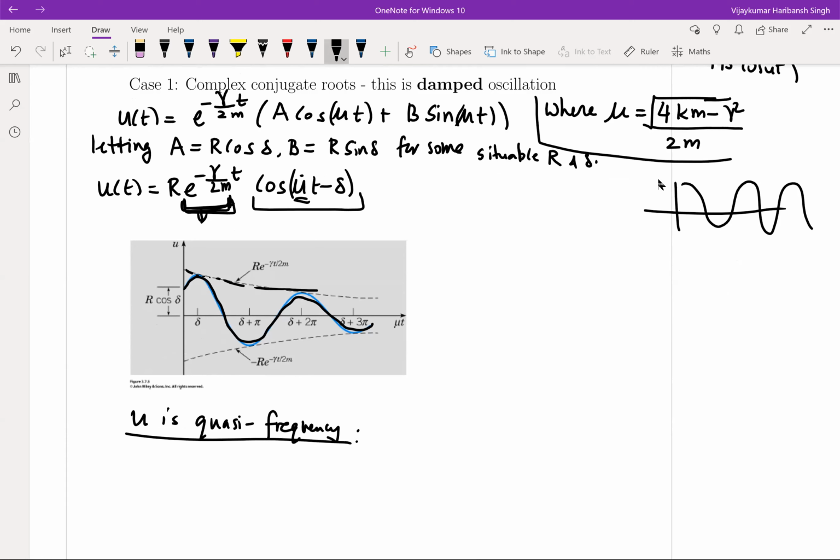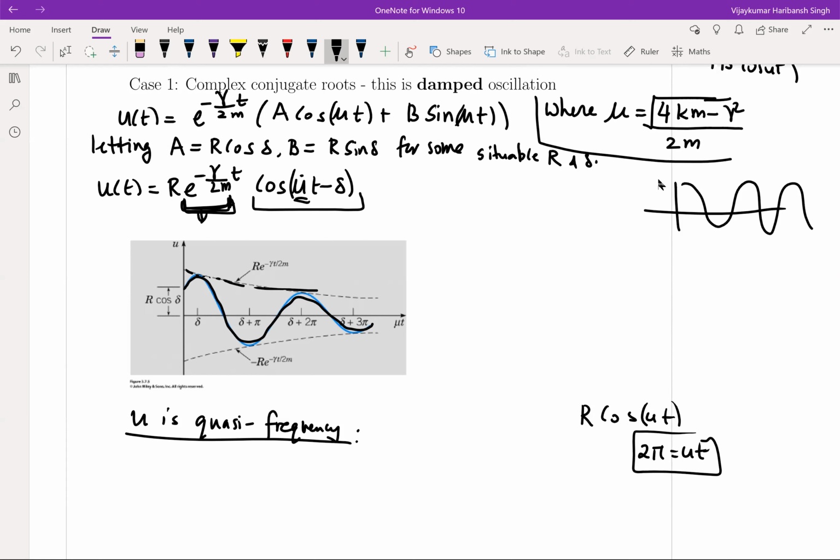Generally, if you just had r cos of mu t, it repeats after 2 pi, so you'd have 2 pi equals mu t, and you find the connection between mu and the period using this. But in this case it's quasi-frequency because the amplitude is also changing over a period of time.